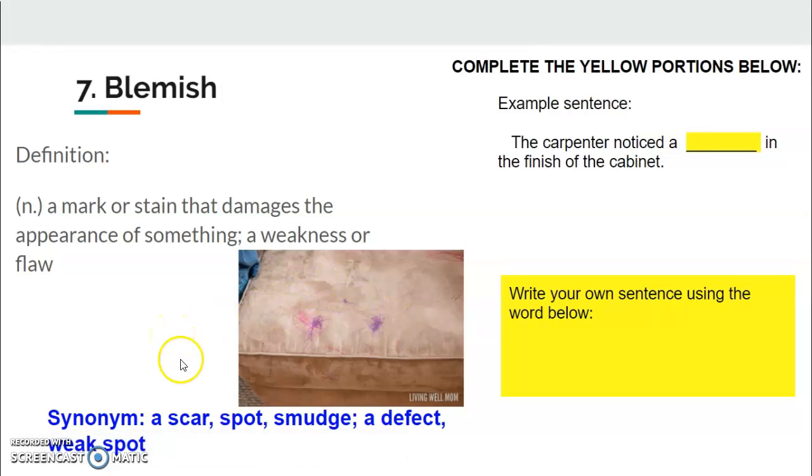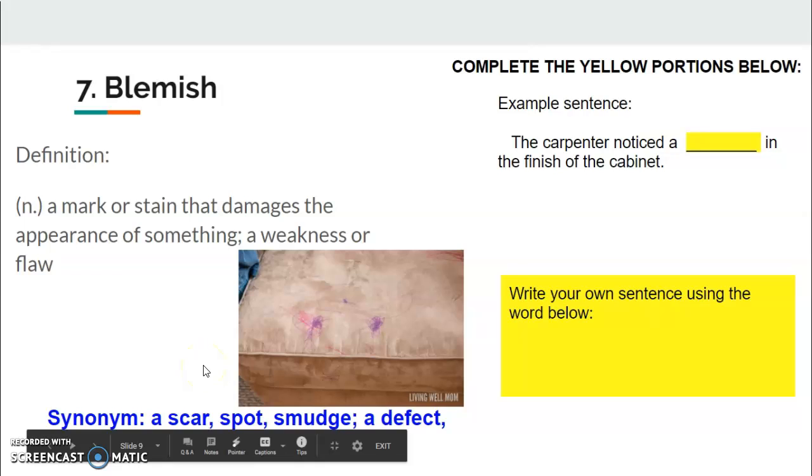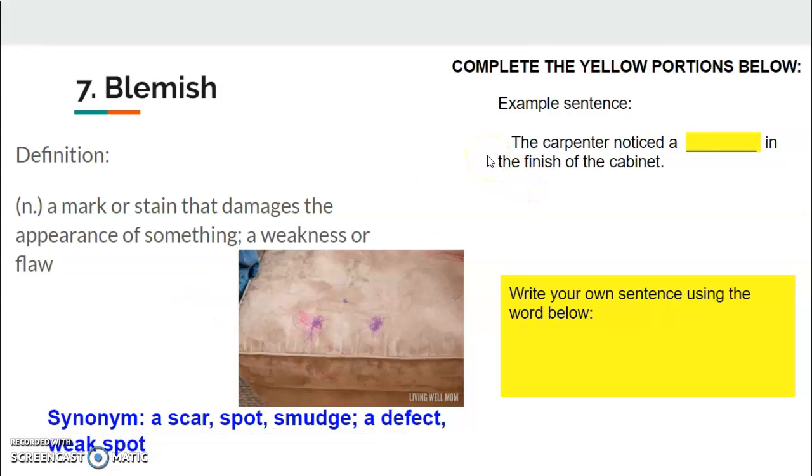It's a stain or mark of damage that definitely damaged the appearance of this couch. Synonyms are scar, spot, smudge, defect. The carpenter noticed a blemish in the finish of the cabinet. There was a blemish on my shirt, and I had to change my outfit before my meeting. Okay, so go ahead and work on that one.